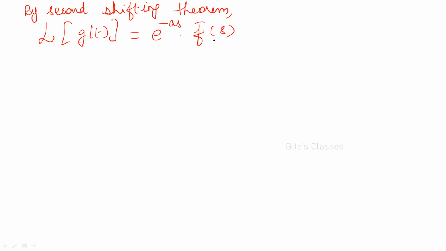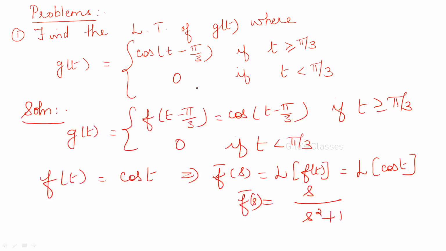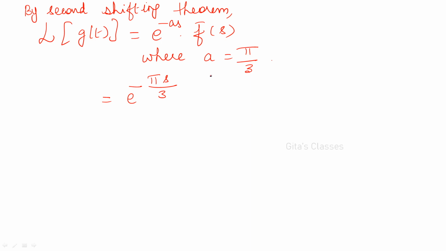Here what is our a? Where a is equal to pi by 3. Okay. So this is equal to e power minus pi by 3 s into f bar of s, which is s by s squared plus 1. So s into e power minus pi s by 3 divided by s squared plus 1 is our Laplace transform of the required function.